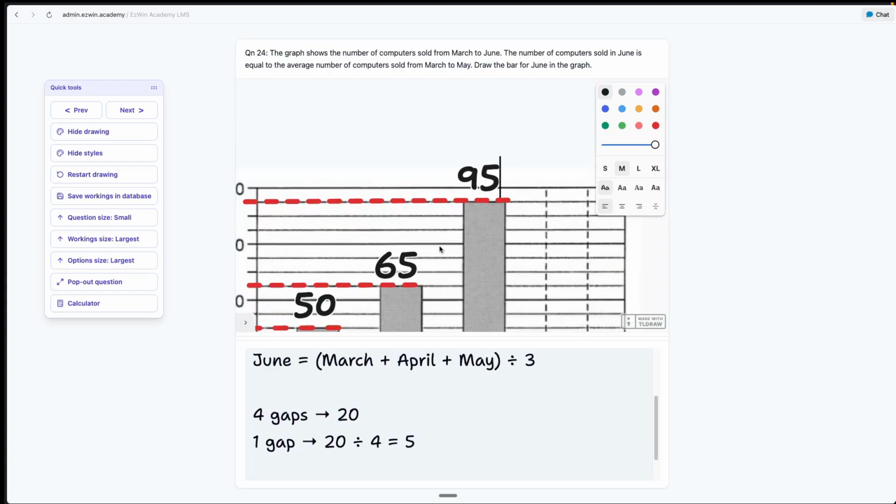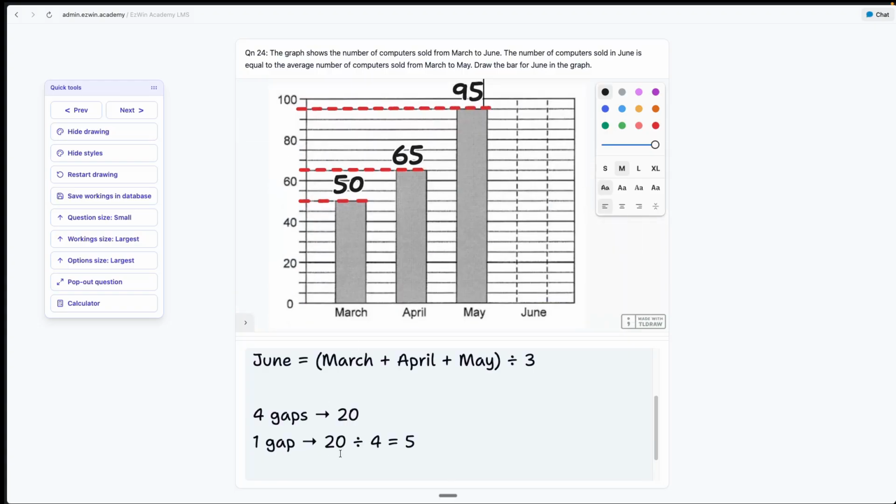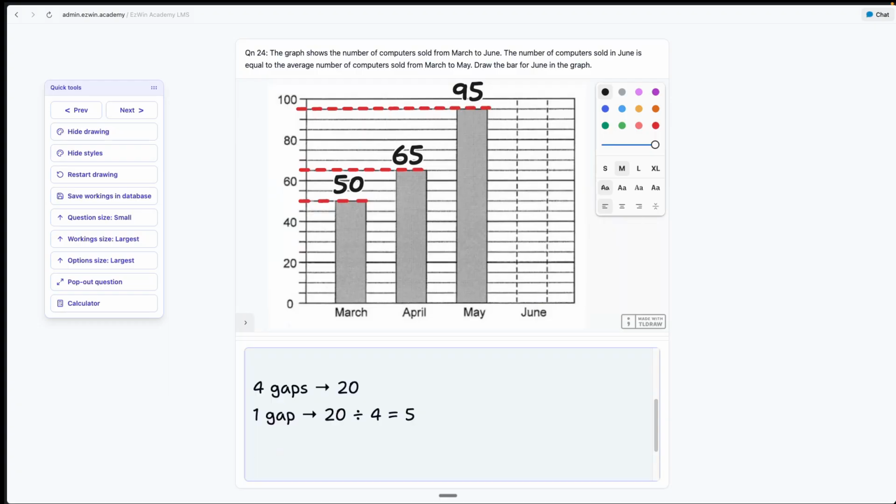95. Okay, so now we know March, April, and May. So we can calculate March plus April plus May is equal to 50 plus 65 plus 95.